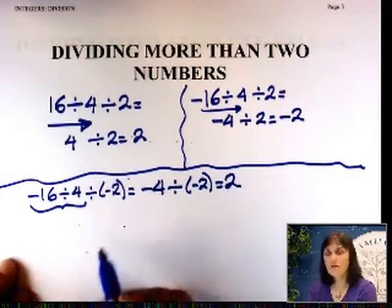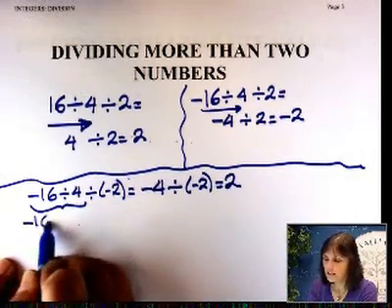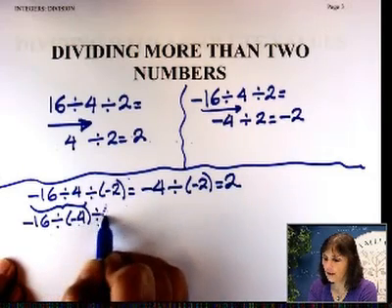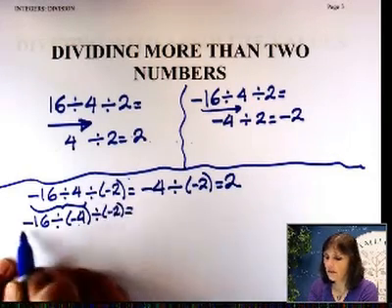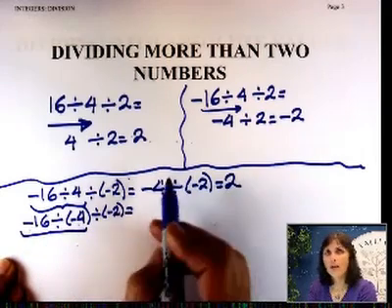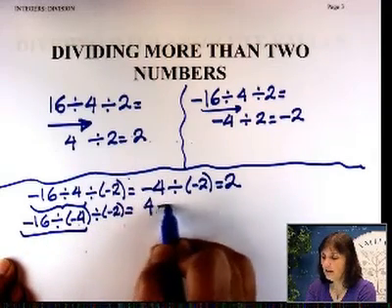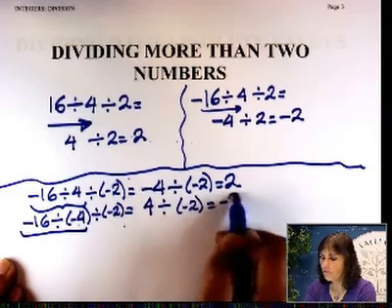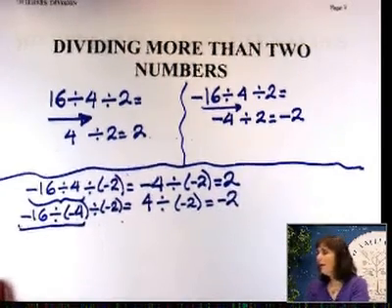Now let's put negatives in every place. Negative 16 divided by negative 4 divided by negative 2. Left to right. Negative 16 divided by negative 4, that's 4 divided by negative 2. That will give you a negative answer. So what did I see?